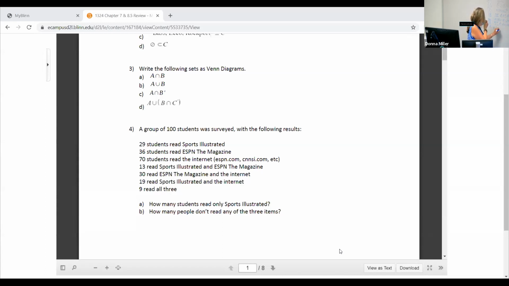You guys online, if I write on the board, can you see the board over here, or is it too light? It's too bright, to be honest. All right, I'm gonna kind of do both then. All right, so for you guys in class, we've got 3 magazines: Sports Illustrated, ESPN, and Internet. So you guys online, let me draw those out for you.